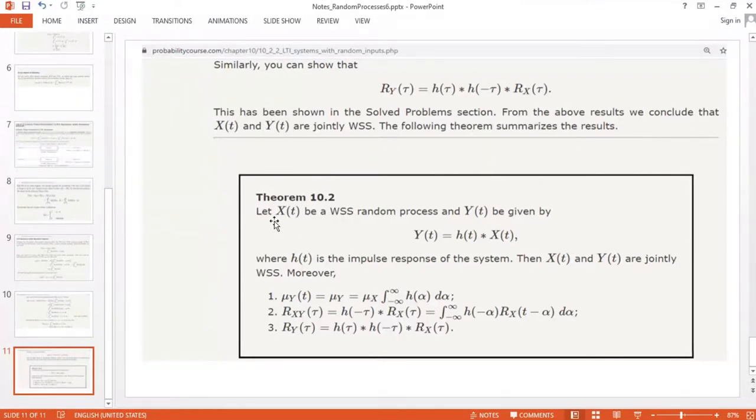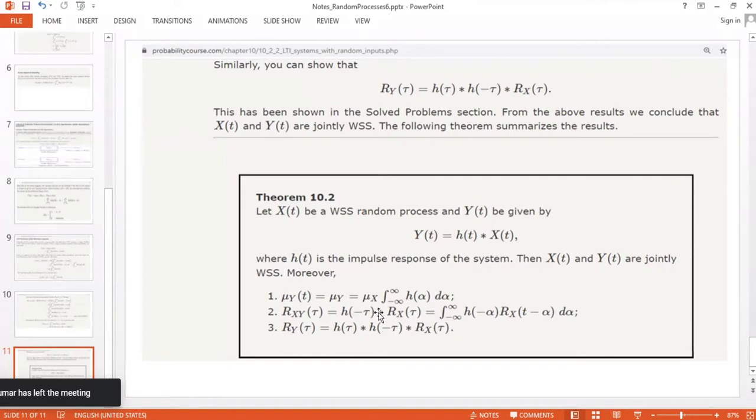So here you can see the theorem that we have already proved: x(t) is a wide sense stationary random process, and y(t) is given by this, where h(t) is the impulse response of the system, then x(t) and y(t) are jointly wide sense stationary. Moreover, we are getting these results.